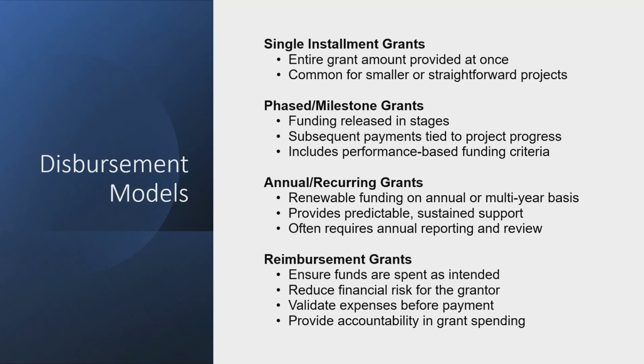Annual or recurring grants offer predictable, renewable support over extended periods, typically requiring regular reporting to maintain funding eligibility. Finally, reimbursement grants minimize risk by paying after expenses occur, validating that funds are used appropriately before disbursement and creating clear documentation trails for all expenditures.